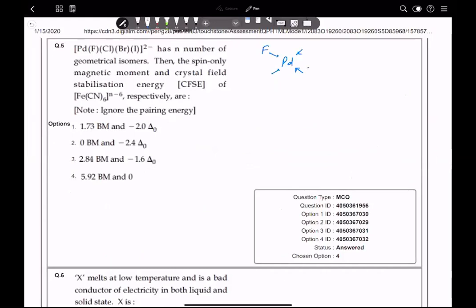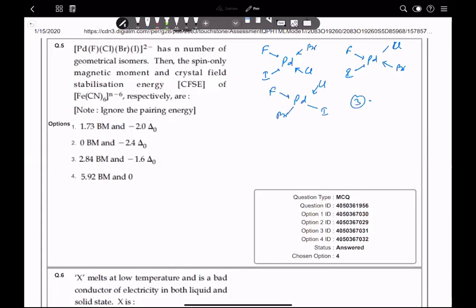First F and Cl trans to each other, and F and Br trans to each other, and finally F and I trans to each other.